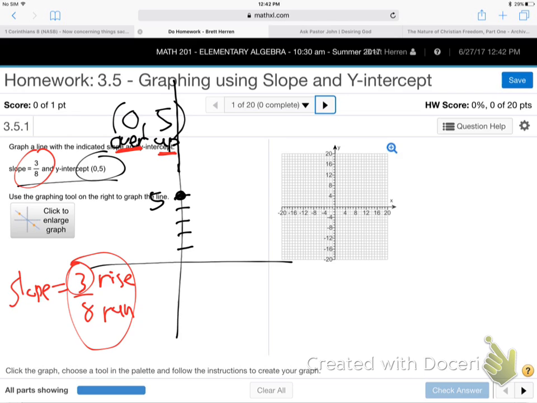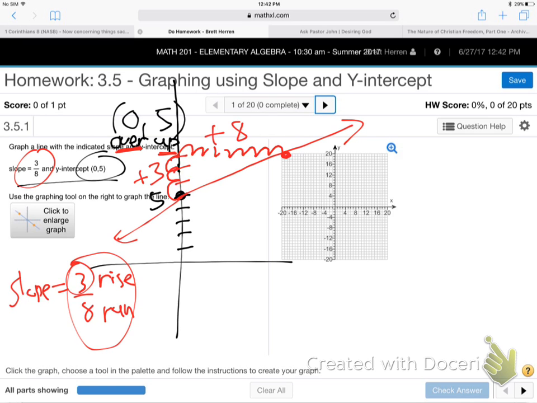So go up 3, 1, 2, 3, and then over 8, 1, 2, 3, 4, 5, 6, 7, 8. There we go. Connect the dots. So up 3, over 8. Done. Does that make sense how I did that?